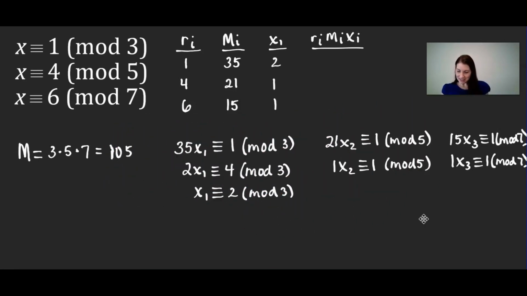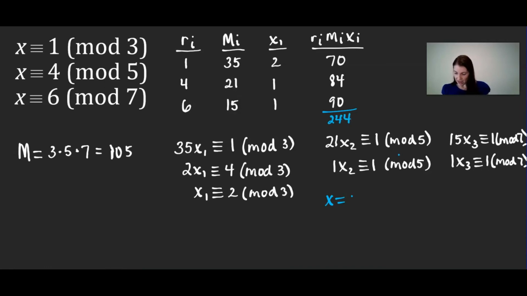All right, now taking the products, we have 70, we have 84, and we have 90. And finally, for the grand finale, we're going to add up all of those numbers. So if I add up 70 and 84 and 90, this is how I solve for x. If I add these up, I get 244.